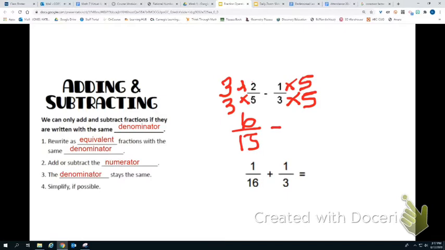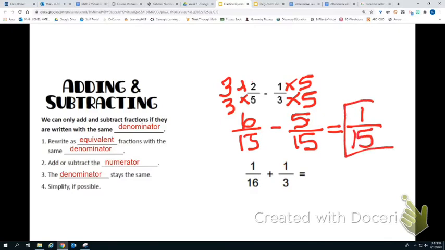Whatever you do to the top or the bottom number, you have to do to the other, or else it will not go well. So 1 times 5 is 5, and then 3 times 5 is 15. And then when we subtract them, 6 minus 5 is 1. Remember, since we already changed the denominator in the first step, we just keep it 15, and you can't simplify that. So the solution would be 1/15.